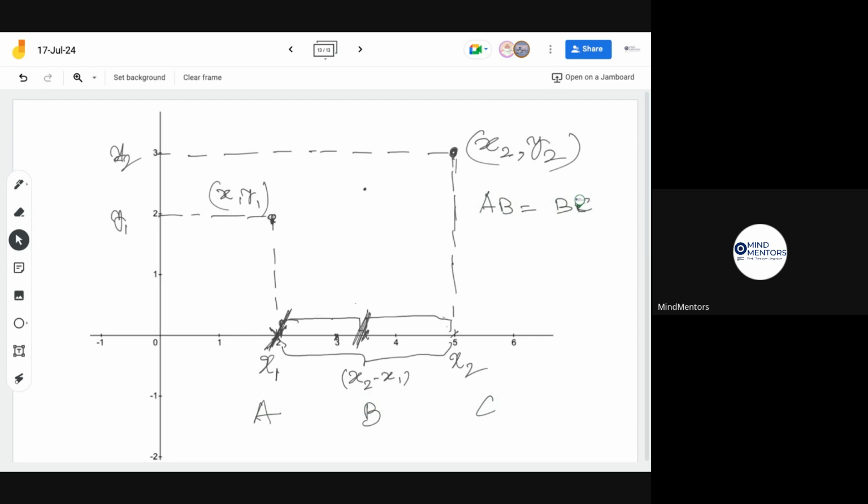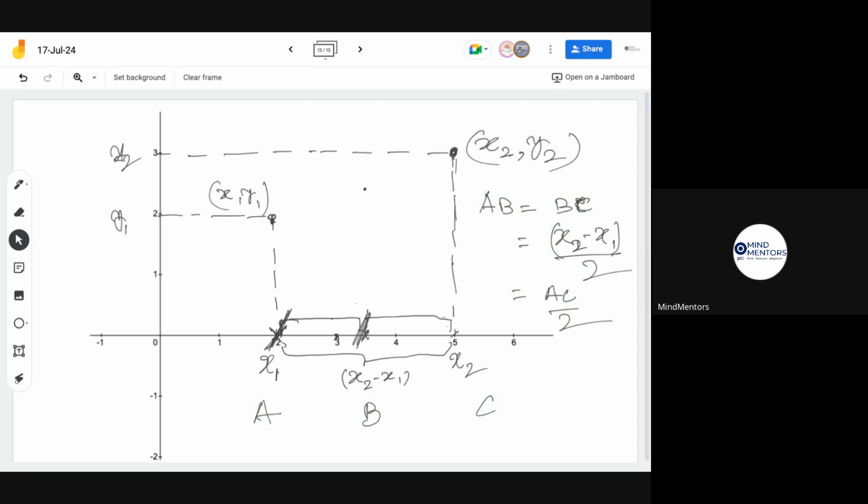And because I know that AC is x2 minus x1, therefore AB and BC have to be x2 minus x1 divided by 2, or equal to AC by 2. I'm just writing the distance, not the coordinates, right?